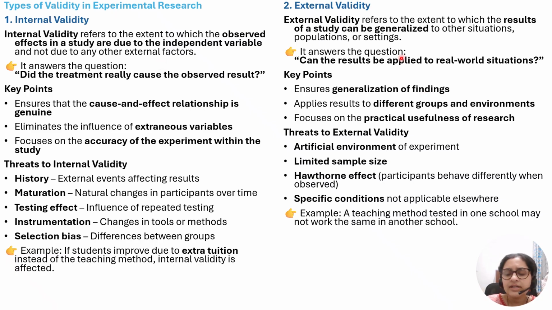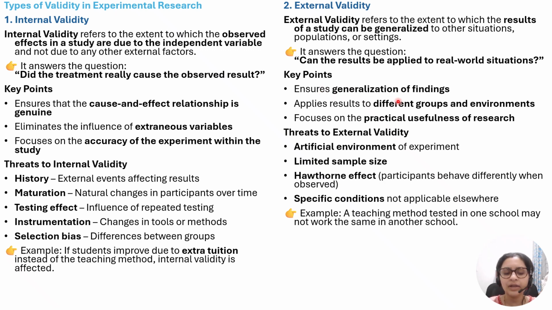Whereas in external validity, you're trying to apply whatever you have done in your research to real world situations also. It ensures generalization of findings. That means you are widening your research.